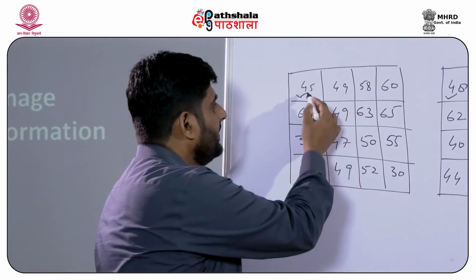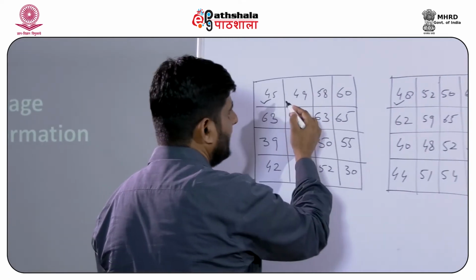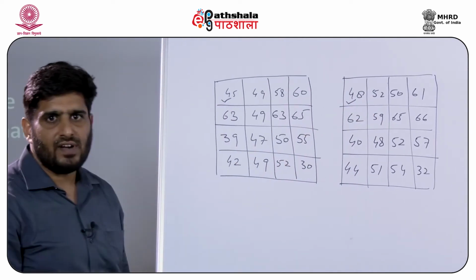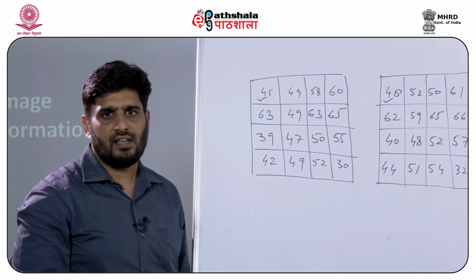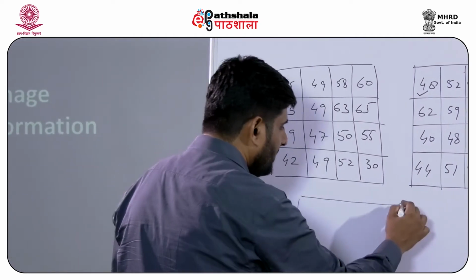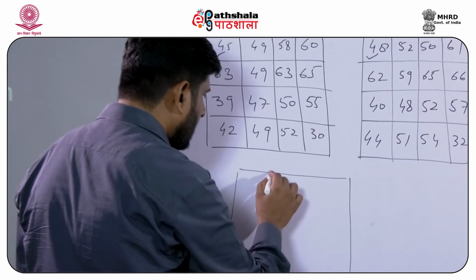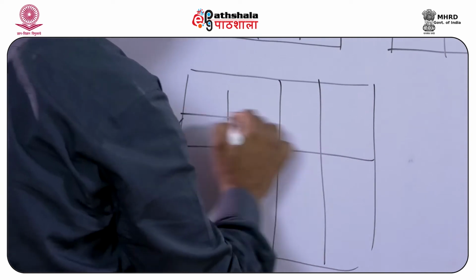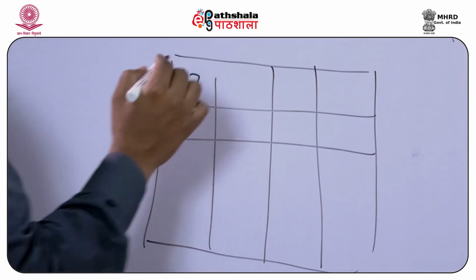For example, if we take the average of this 45 and 48, the average must be 46.5. But we can take that as an integer value, and we can say that the averaged image would contain the pixel value equal to 47 here.